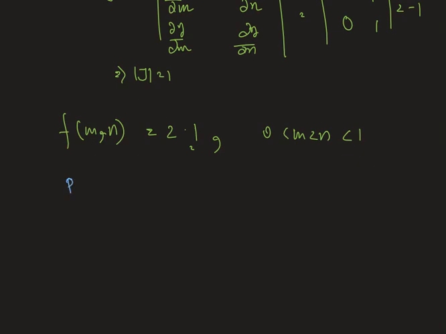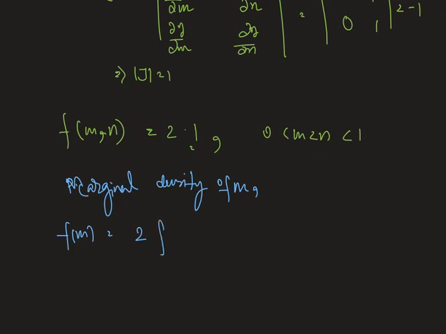So the marginal density of m is f of m, which is nothing but we have to integrate f of mn with respect to n, and the range of n is m to 1. Sorry, here we do not have 2 because we already wrote 2 here.